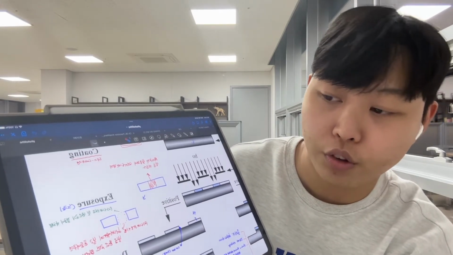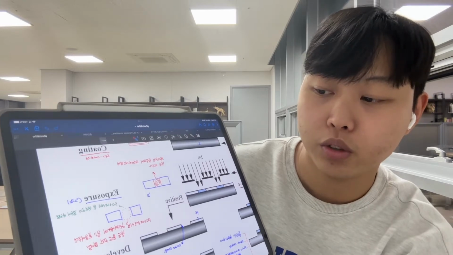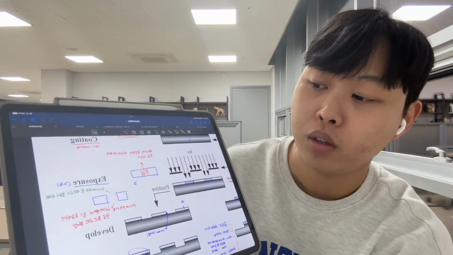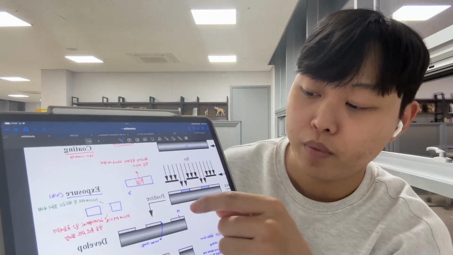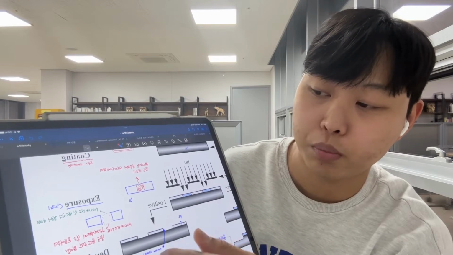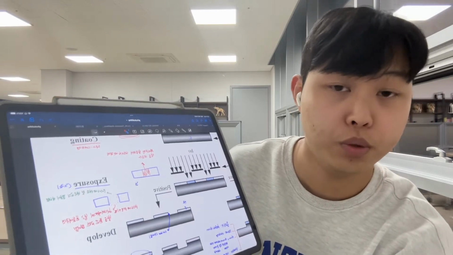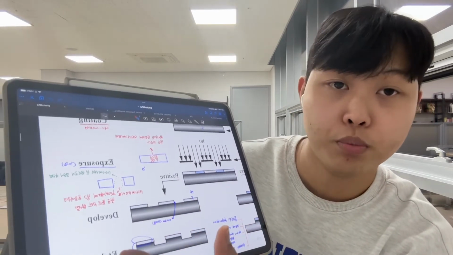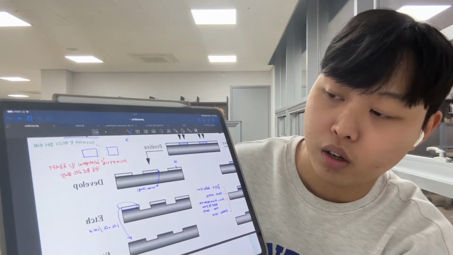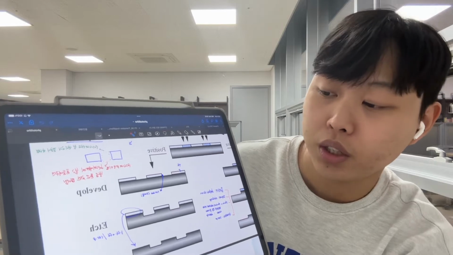So what is developer? Developer is a material that, if we put a PR into it and shake it, for the positive PR, the place where the light got exposed will disappear, as I talked about before. After we put it in the developer, we go to the next step, called etching.